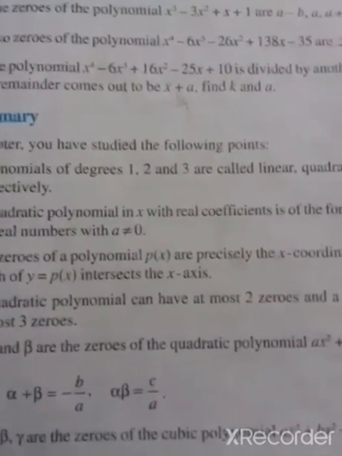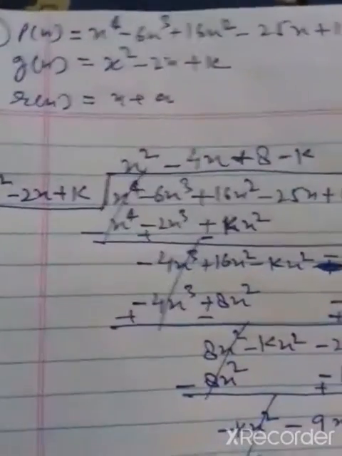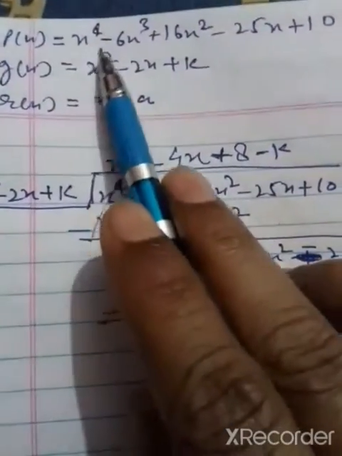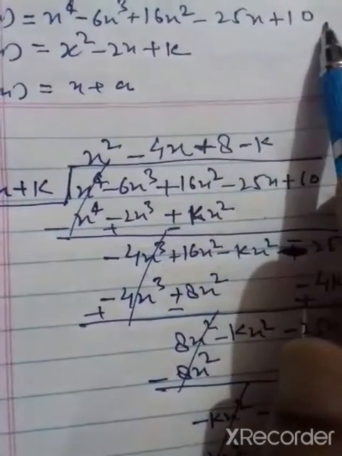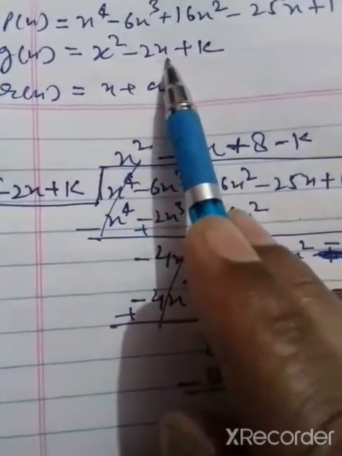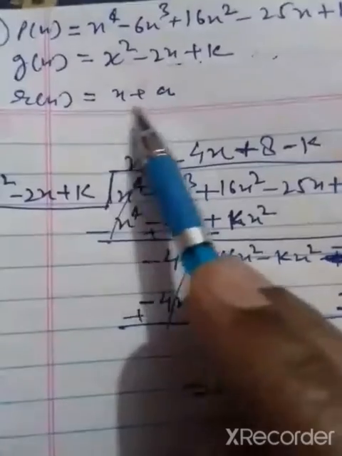Okay, so now in the question, what is given: p(x), that is x to the power 4 minus 6x cube plus 16x square minus 25x plus 10. Okay, and g(x) is given x square minus 2x plus k, and when they have divided, the remainder is given x plus a.